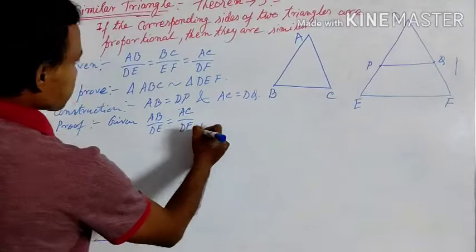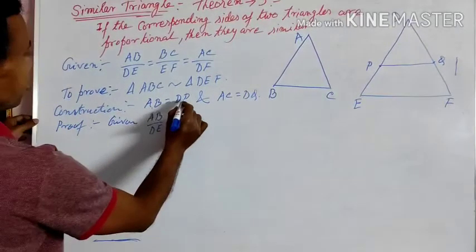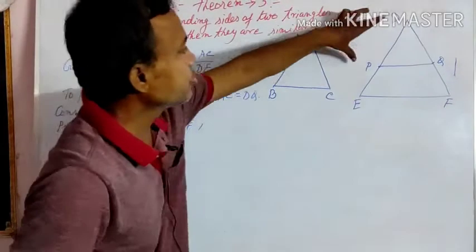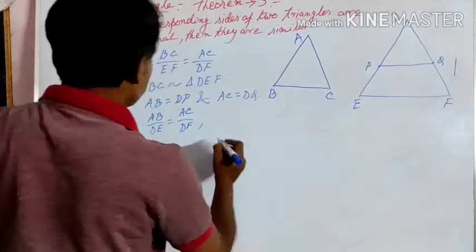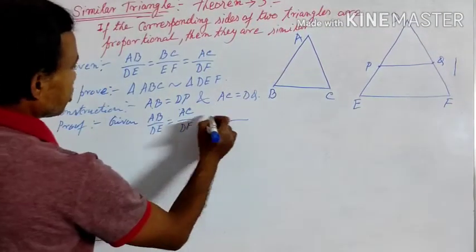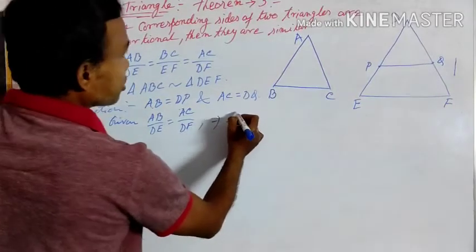But AB is equal to DP and AC is equal to DQ according to construction. Therefore, we can write AB in place of DP.